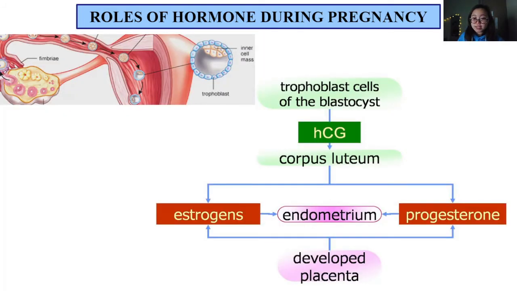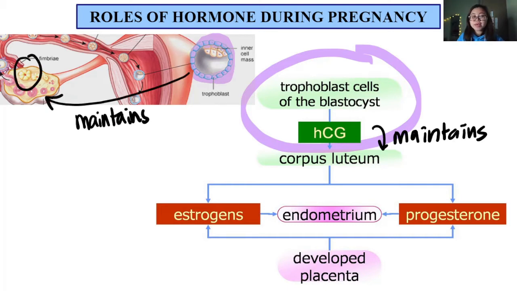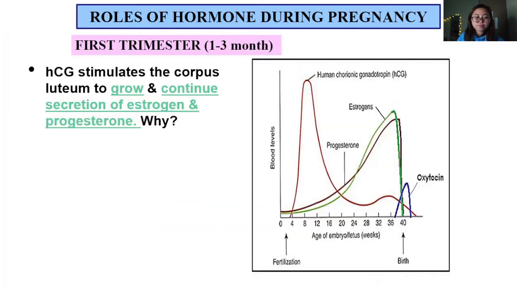If we look at this diagram once again, at implantation, trophoblast cells of the blastocyst secrete HCG. HCG will maintain the corpus luteum, make sure it doesn't disintegrate, and so the corpus luteum can continue to secrete estrogens and progesterone. HCG stimulates the corpus luteum to grow and to continue secretion of estrogen and progesterone. Why do you think that needs to be done?